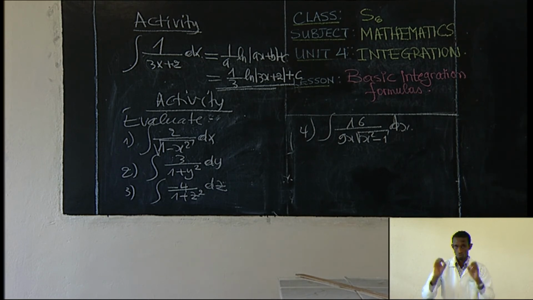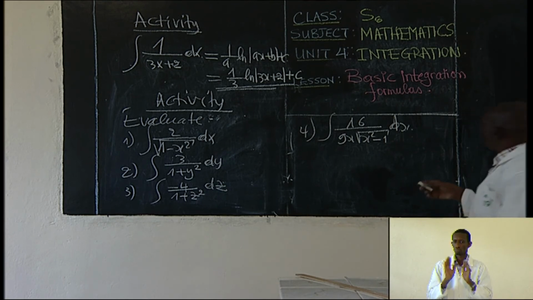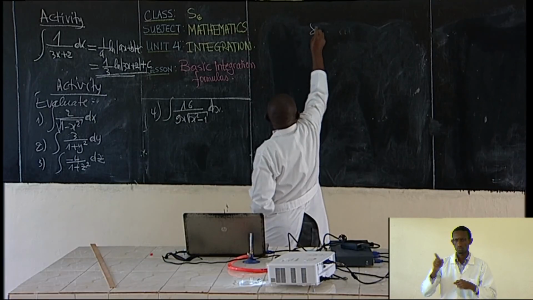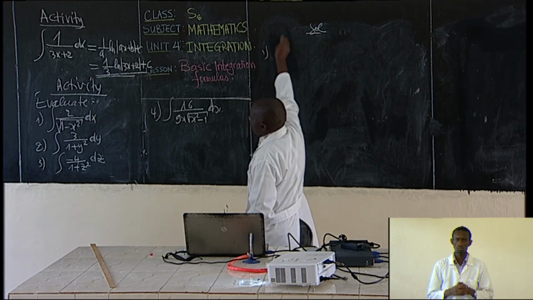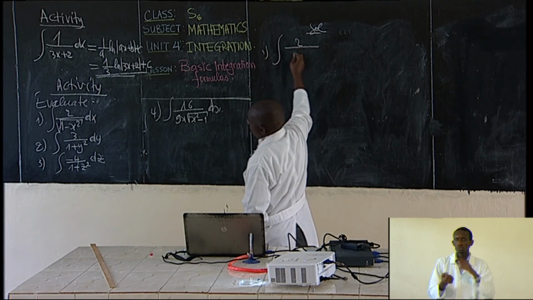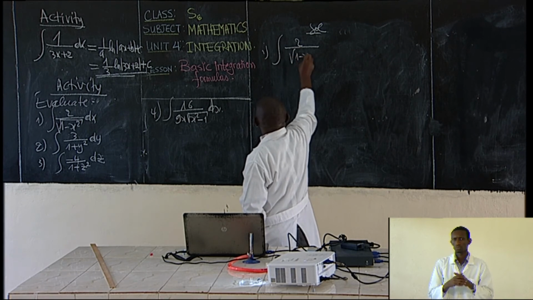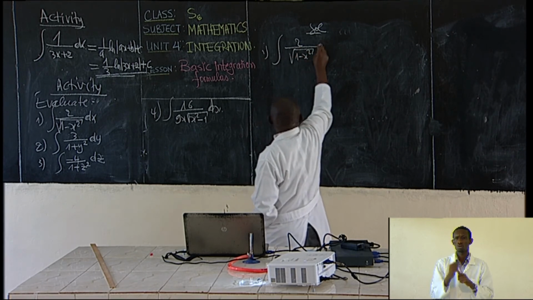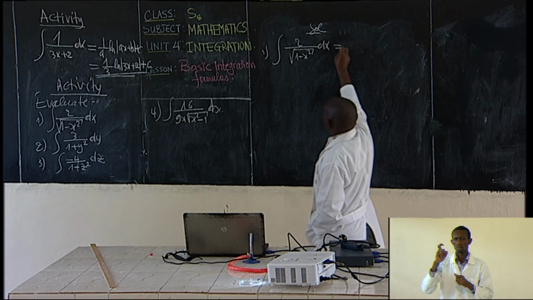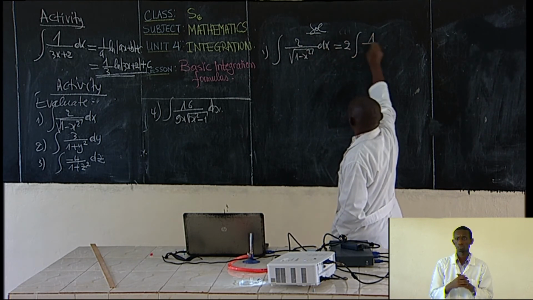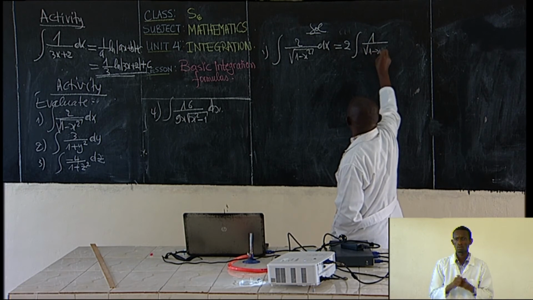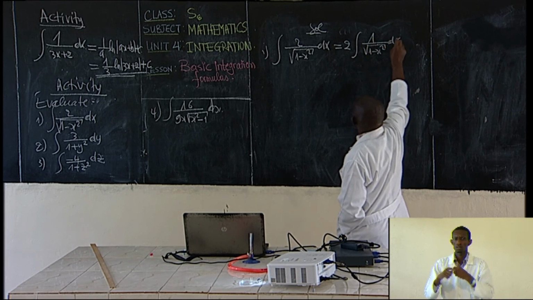Okay, hope you are done. Let us work out the answers on the chalkboard. Number 1, you have integral of 2 over square root of 1 minus x squared dx. You have a constant, that is 2 times the integral of 1 over square root of 1 minus x squared dx.